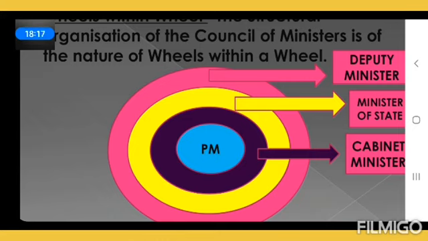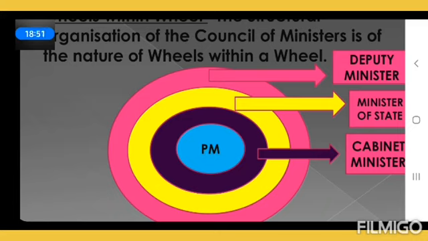The next one is your cabinet ministers. Outside of your prime minister is your cabinet ministers. It consists of 15 or 20 ministers. They are also called the kitchen cabinet. They hold important portfolios such as the Defence Minister, the Finance Minister, and the Minister of External Affairs.